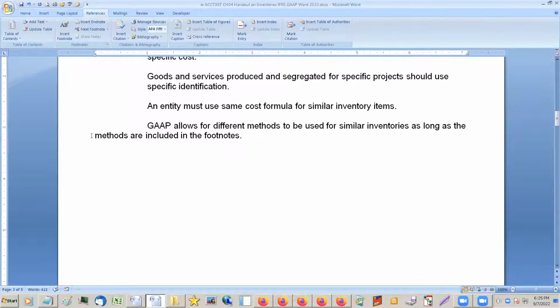GAAP allows different methods to be used for similar inventories as long as they're disclosed in the footnotes.